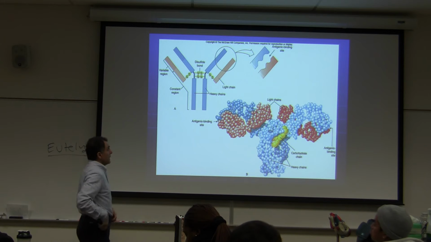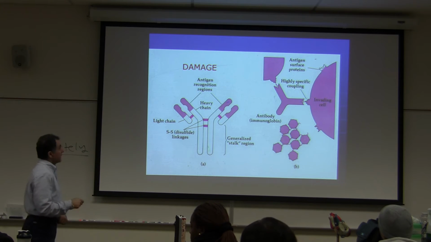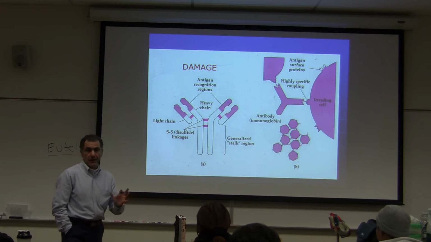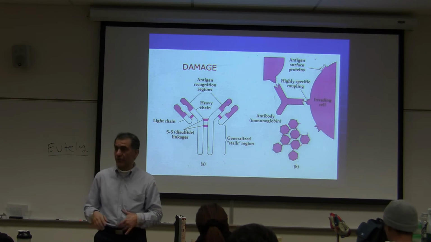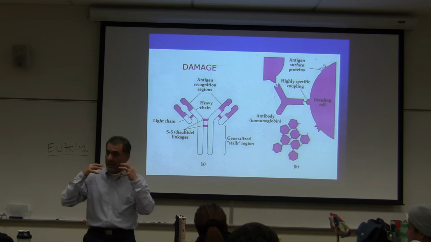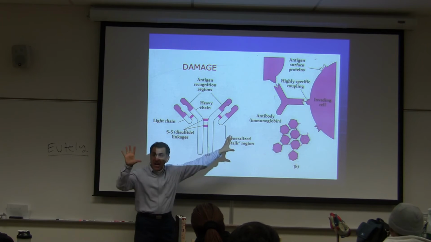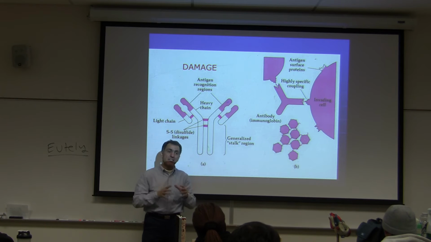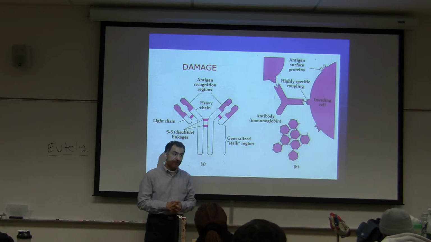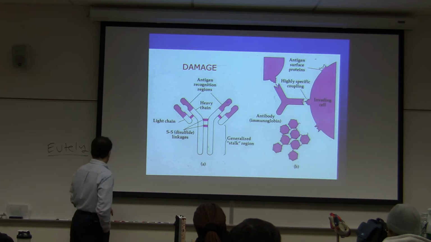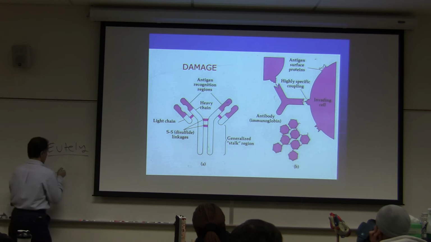Okay, so anyway, here again, this is DAMGE, the acronym. Somebody told me that a long time ago when I was a student, so it stuck in my brain. It means we have five major different types of antibody. One of them is Ig, which they call immunoglobulin.